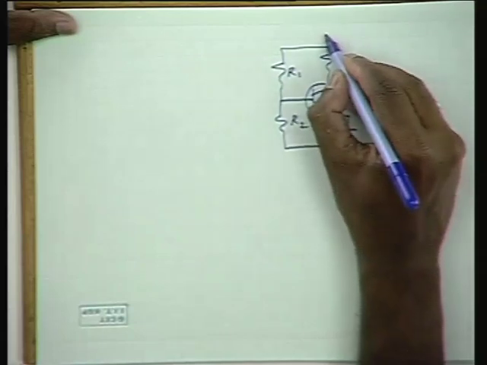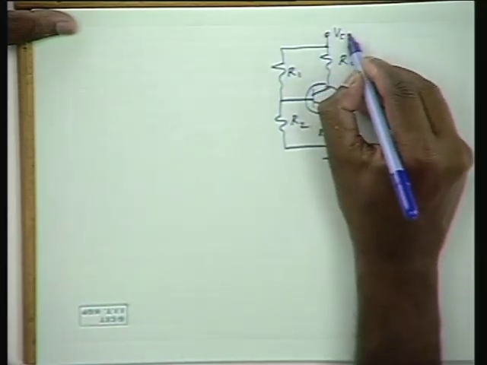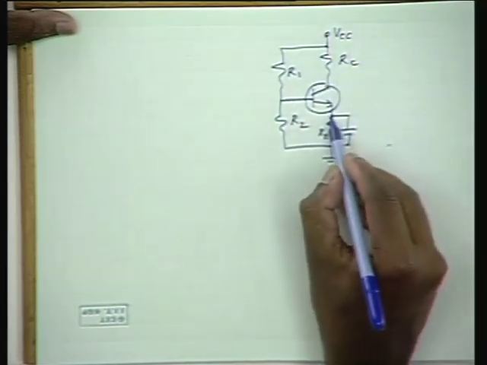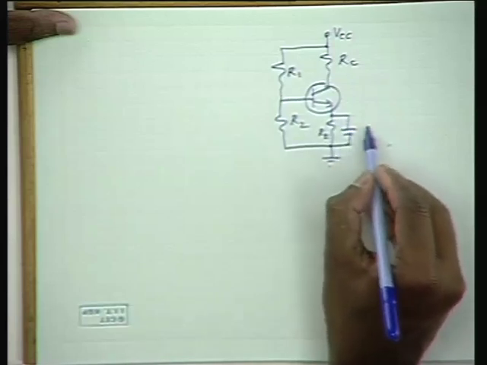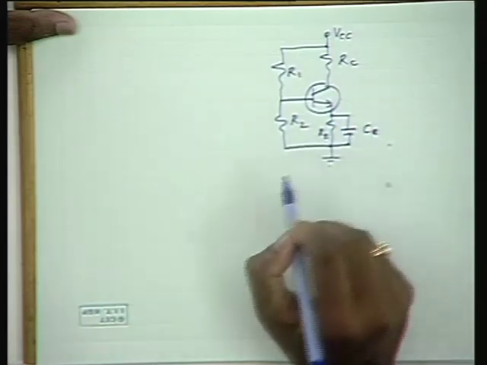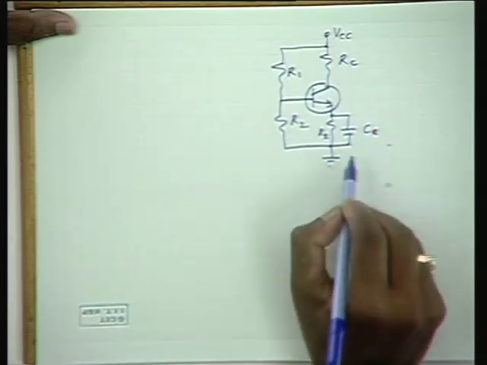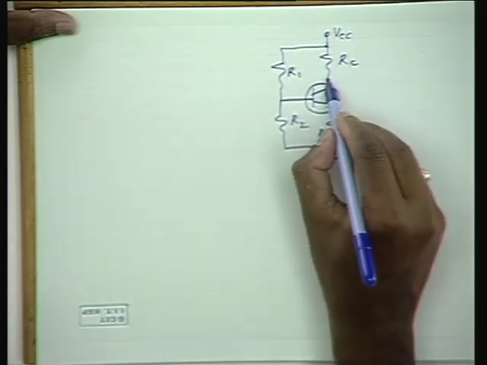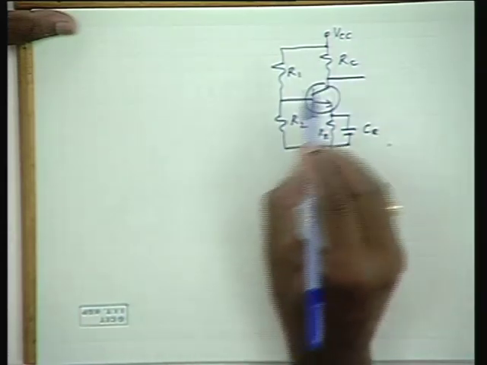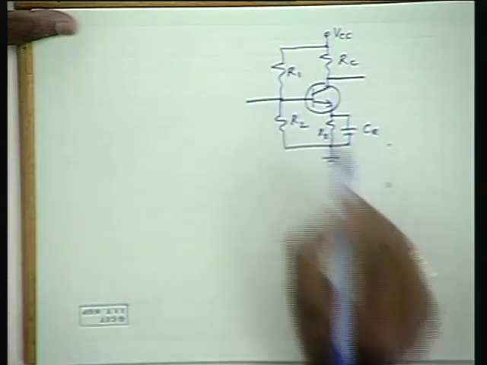This is a self bias common emitter amplifier circuit, and to have sufficiently high gain, we have bypassed the emitter resistance with a capacitor, and this is the output, and here is the input.